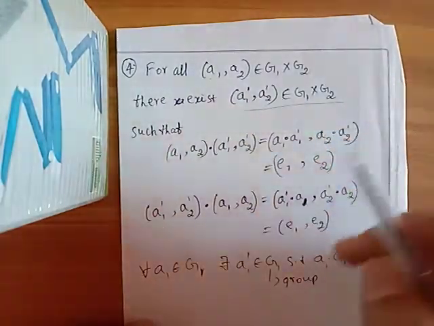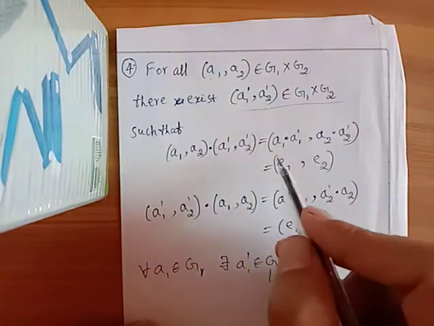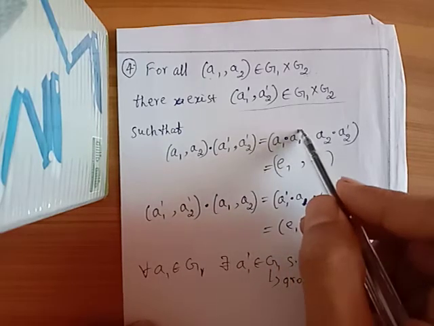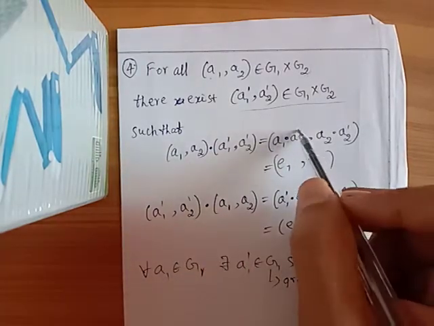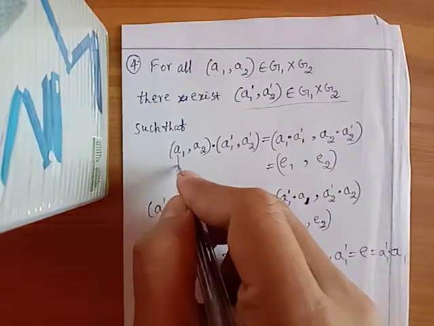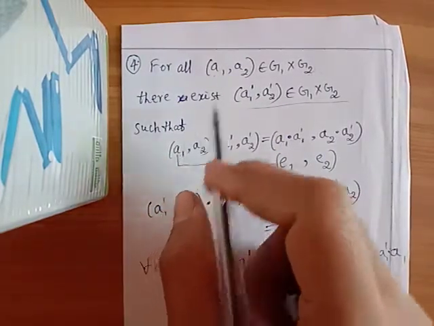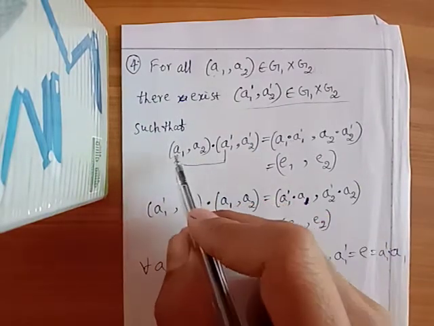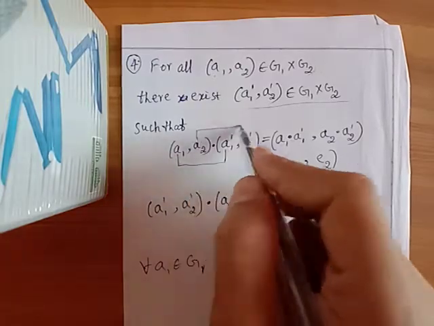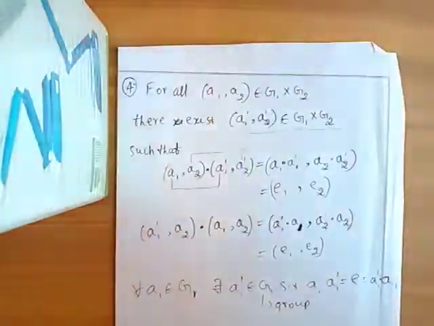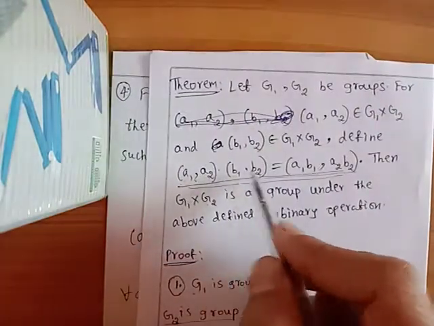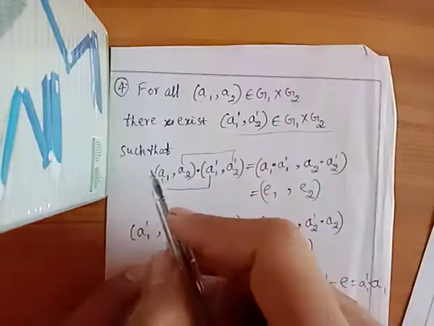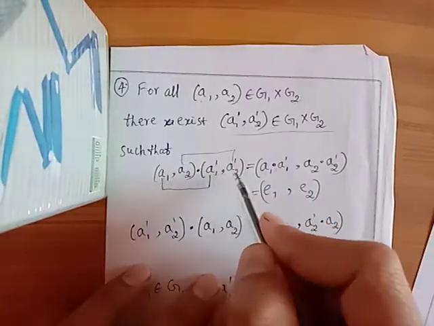We can make the same argument as before: (A1, A2) into (A1 dash, A2 dash), by the binary operation defined in the direct product, is (A1 into A1 dash, A2 into A2 dash).